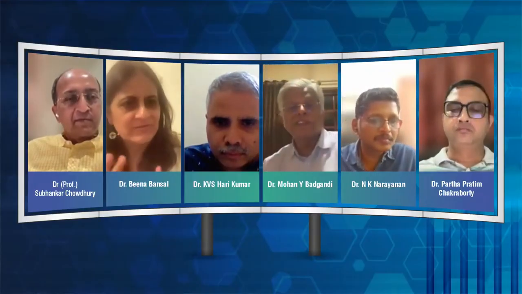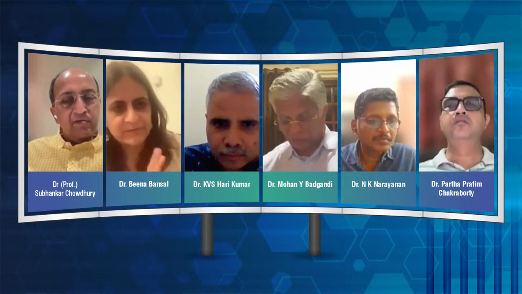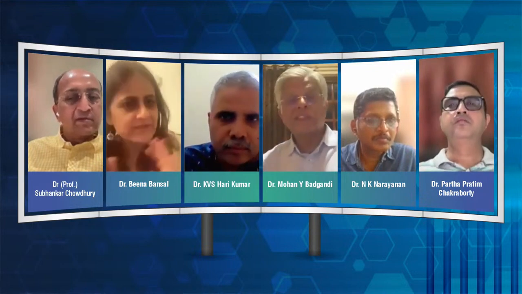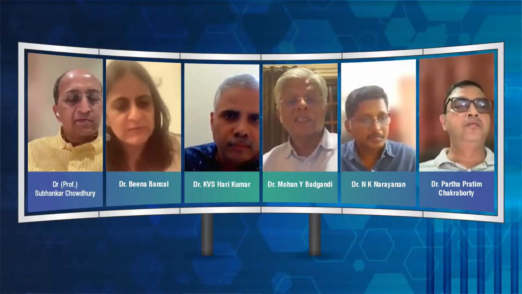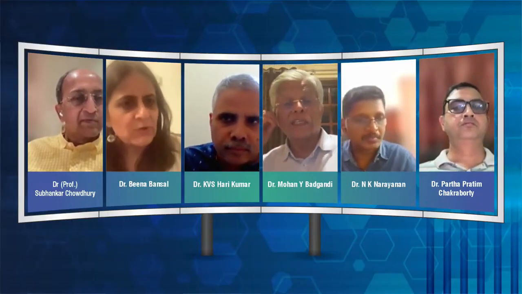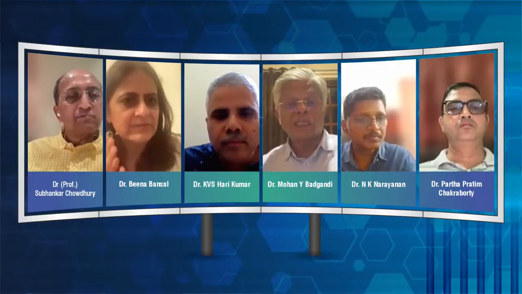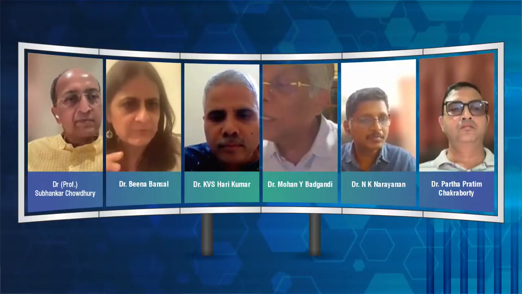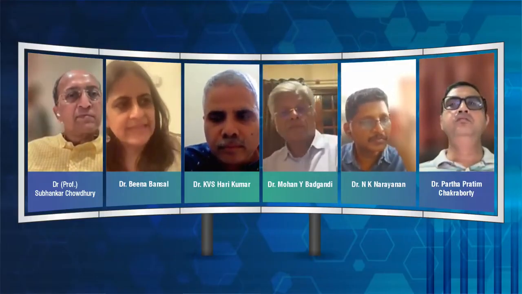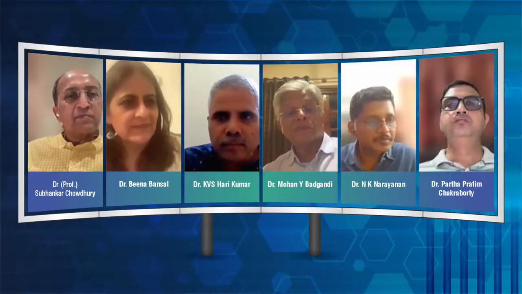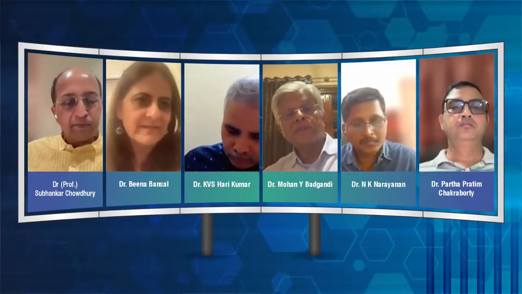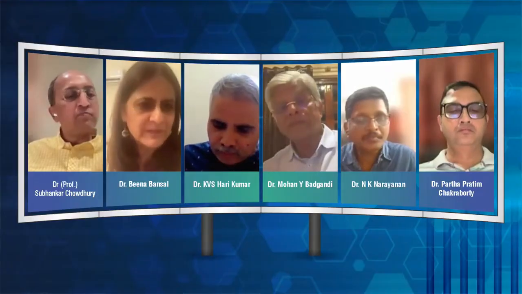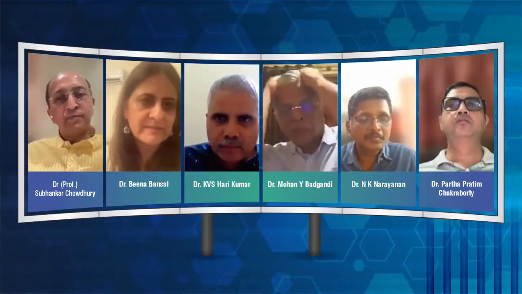FSH, LH, at least to rule out hypothalamic versus primary versus secondary hypogonadism. That is for all the ovulatory causes. To look at any blockages in the passage, HSG and hysteroscopy. I think this would cover most of it. Apart from that, there may be unknown causes which are difficult to diagnose, the antibody, etc.